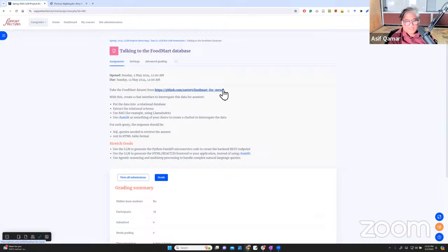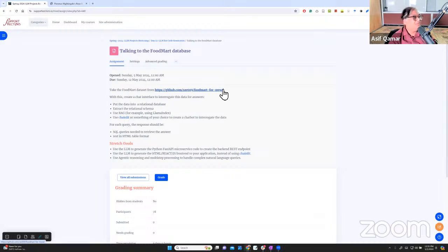Then extract from that the schema; relational databases will generate the DDL. Do we understand DDL? Data definition language. Then use RAG, for example, you can use LlamaIndex, whatever you want, and then use Chainlit or something of your choice to create a chatbot to interrogate the data.